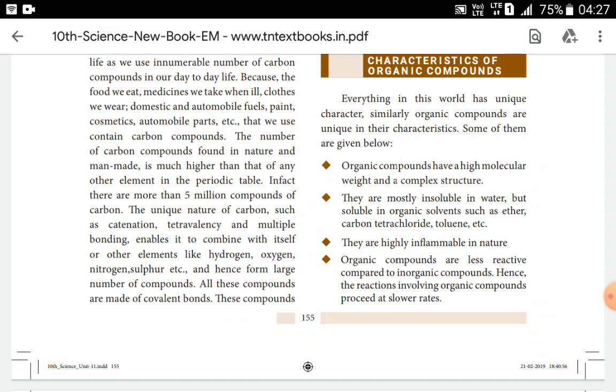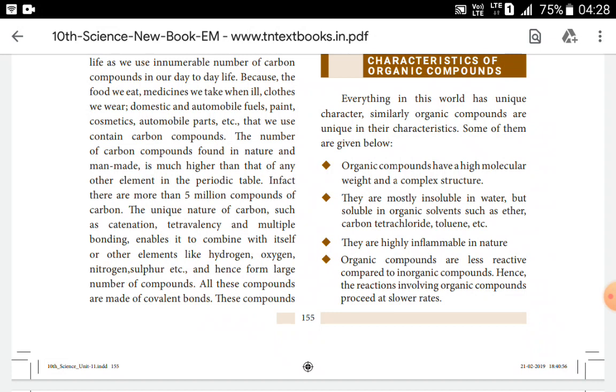First, some characteristics of organic compounds. Everything in this world has a unique character. Similarly, organic compounds also have uniqueness. Unique means a special property, because each and every person in this world has uniqueness, a special image, special property, special character.